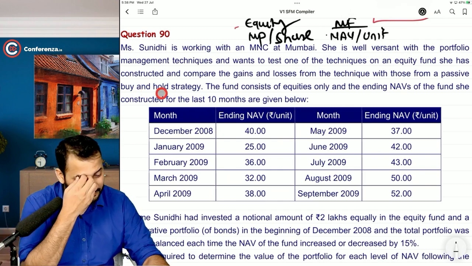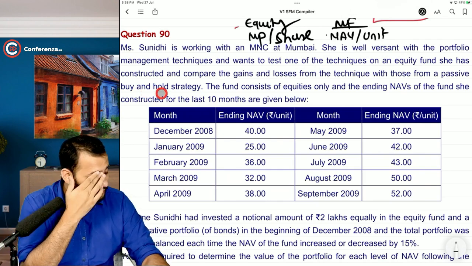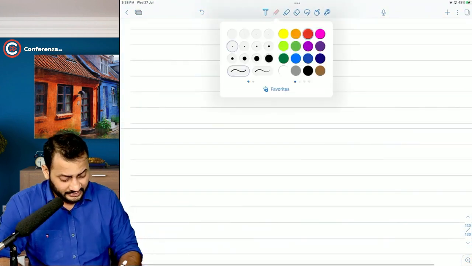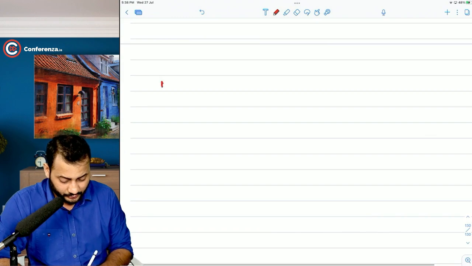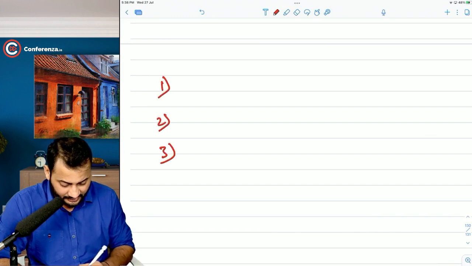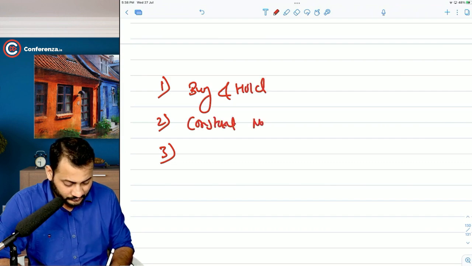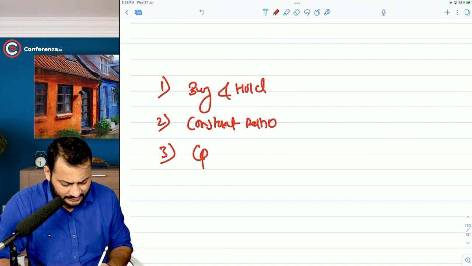See, I will tell you one thing. The three strategies that I mentioned to you, 1, 2 and 3. The first one is buy and hold policy. Second is the constant ratio plan, and the third one is the CPPI.